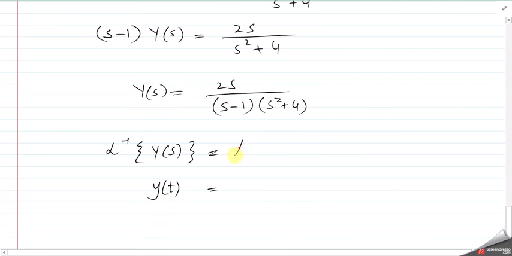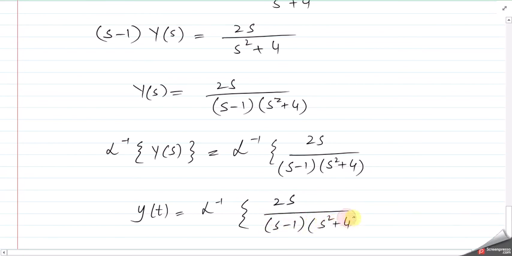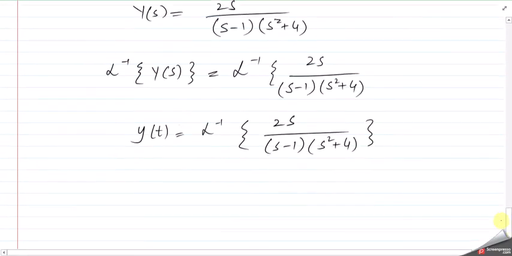Because we have taken the inverse on the left hand side, we must take the inverse on the right hand side as well. We do not have a choice. So our y of t is Laplace inverse of 2s over s minus 1 times s square plus 4. Now again we can see linear and quadratic, so it's a partial fraction.